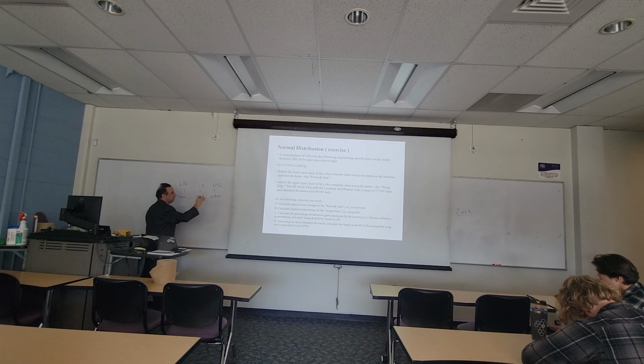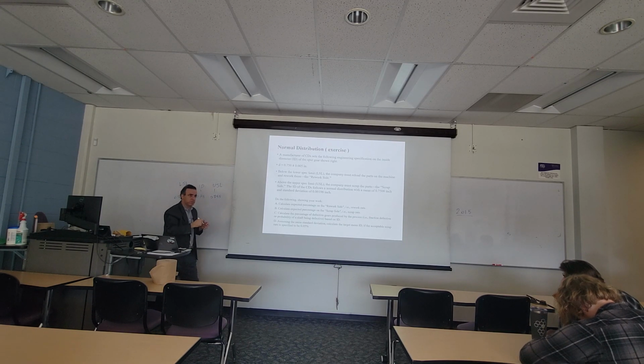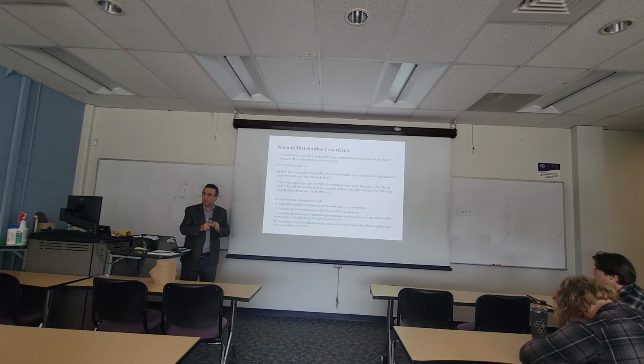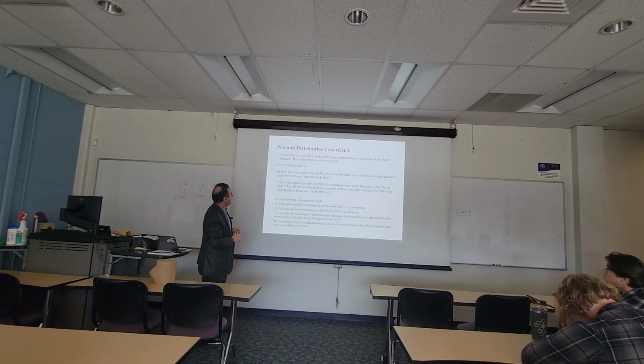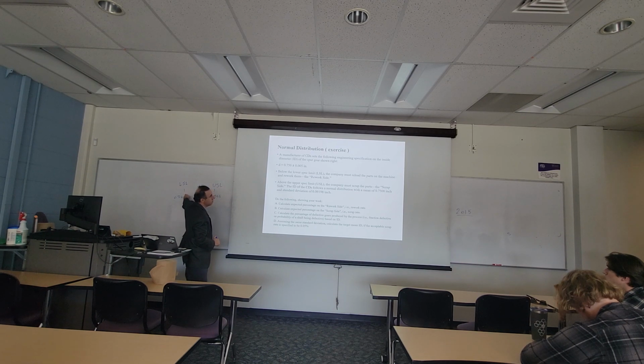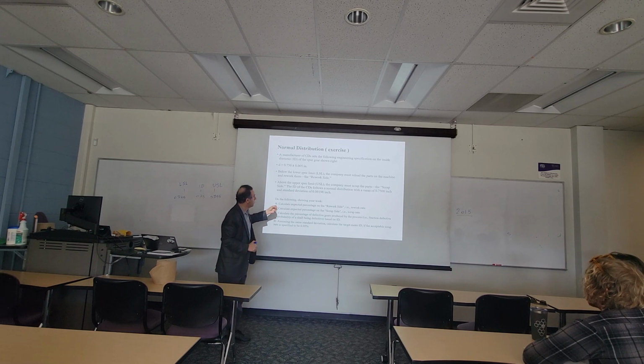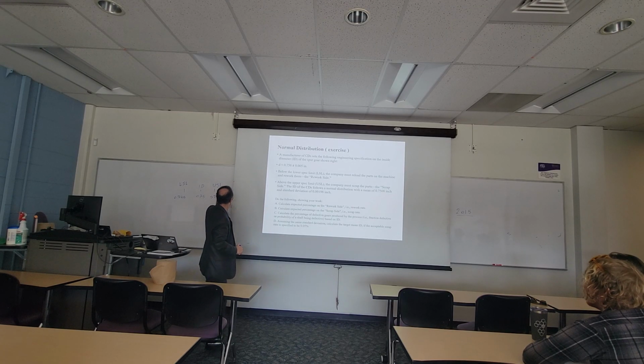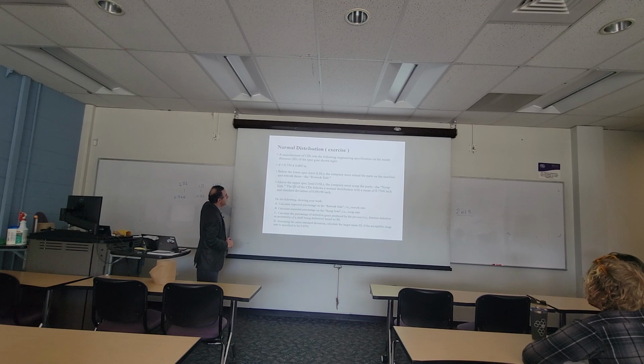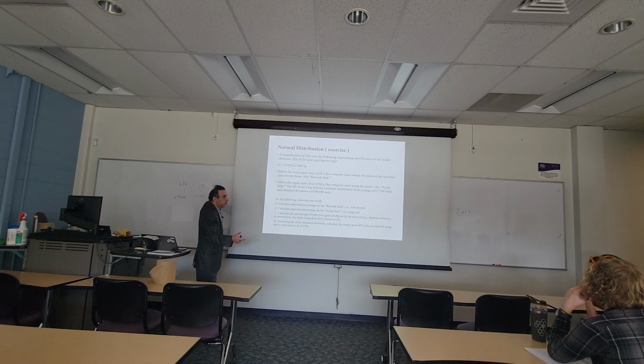Basically, if the part is outside this range, we cannot accept it. Below the lower specification limit it is called the rework side. Above the upper limit, it's called scrap. We cannot use it.